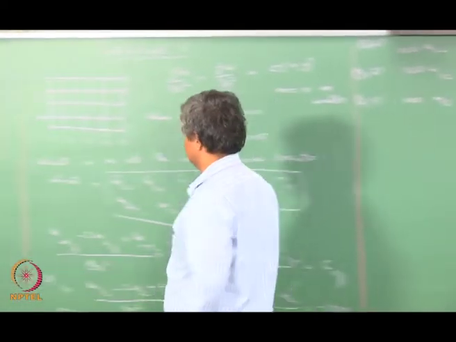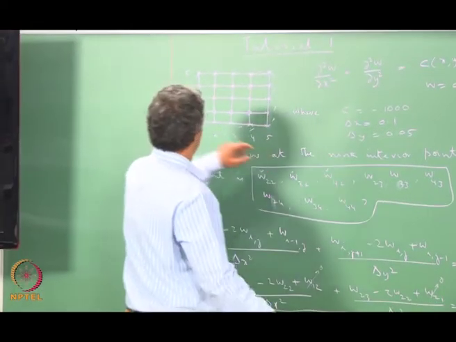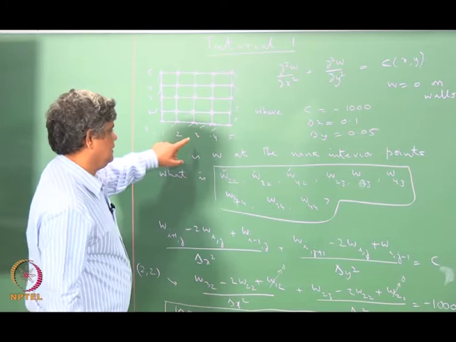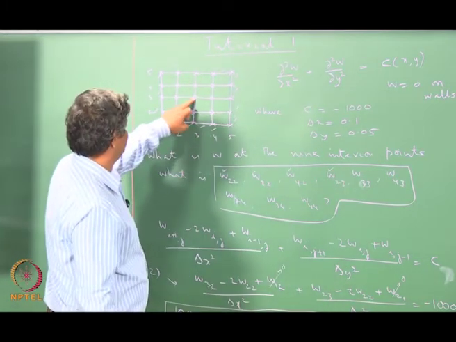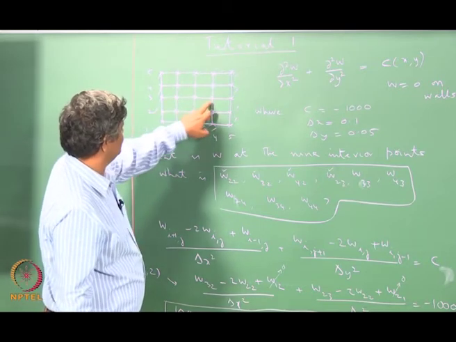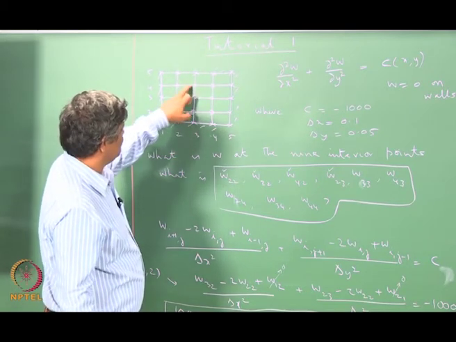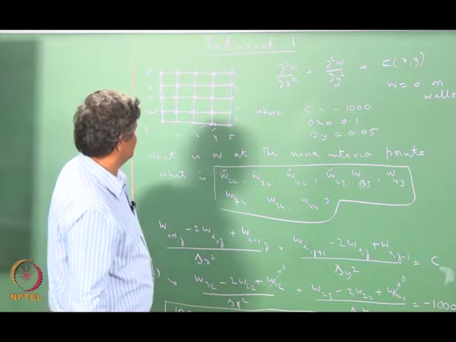Equal to minus 1000, and so W33 is this point here. So, we have 100 of this, 100 of this, 400 of this, 400 of this, 1000 minus 1000 here.